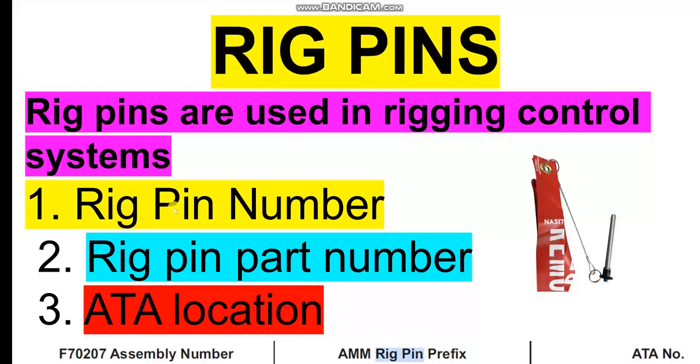The first column is the rig pin number, then the rig pin part number, and the ATA chapter, the location for this rig pin. This is a list of pins, not rig pin one only, but a list including all of them. Okay, this is about rig pins.